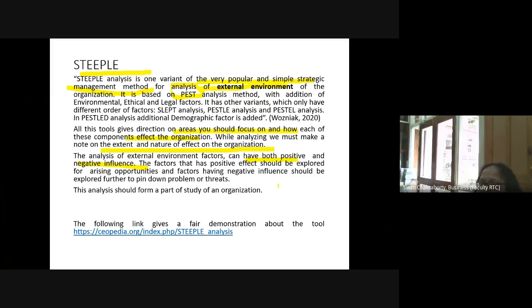The factors which have a positive effect should be explored for opportunities, and negative influences should be explored further to pinpoint the problems or the threats. So this is also a way you can do it.